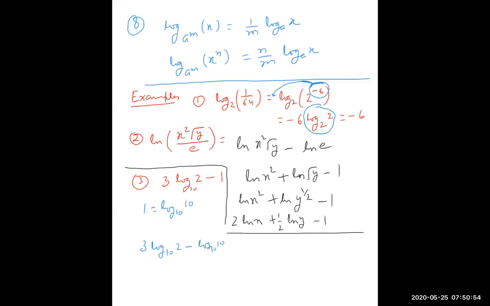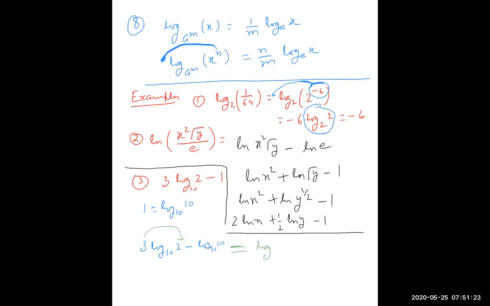Yes, sir. Next. Using this property, see, log A x^n property. This n comes in the front here, and I can take it back also. For example, 2 log x can be written as log x square. So using this property, I can write this is equal to, this 3 will go to top of this.